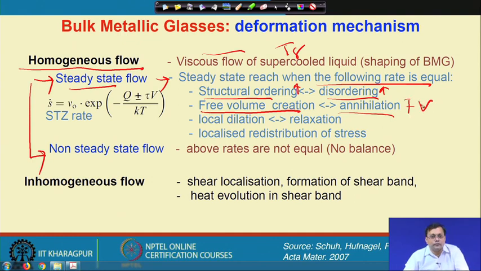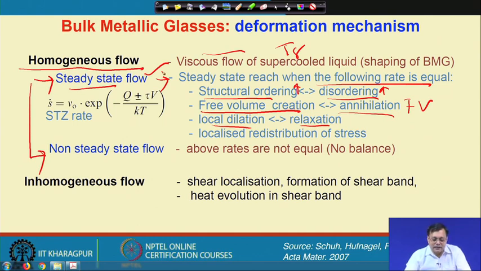Annihilation of the free volume, or on the other hand, creation of the free volume, means local dilation, meaning expansion, as well as there should be some contraction. So, these are the same process, they go on at some rate during deformation, and if this rate is equal in a solid, then it can reach some steady state flow, where the required stress to flow is almost constant.